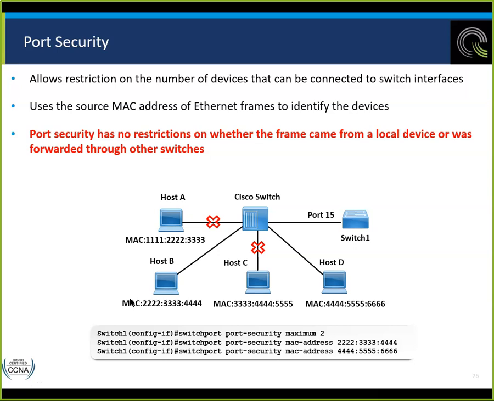But the opinion is that if I have port security enabled on all of my switches and I've got the correct IP addresses on all of my switches, I really shouldn't have to worry about the trunk ports. That's what this is saying: no restrictions on where it came from. Did it come from me, or did it come from another switch? Is it on a trunk port?